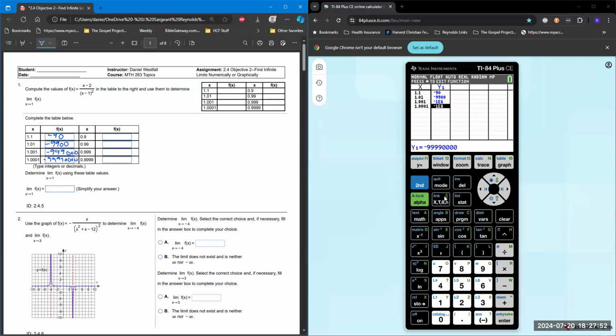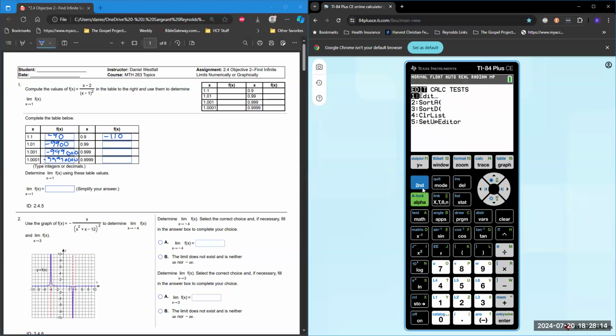All right, now let's put in 0.9. We get negative 110. 0.99, we're going to get negative 10,100.